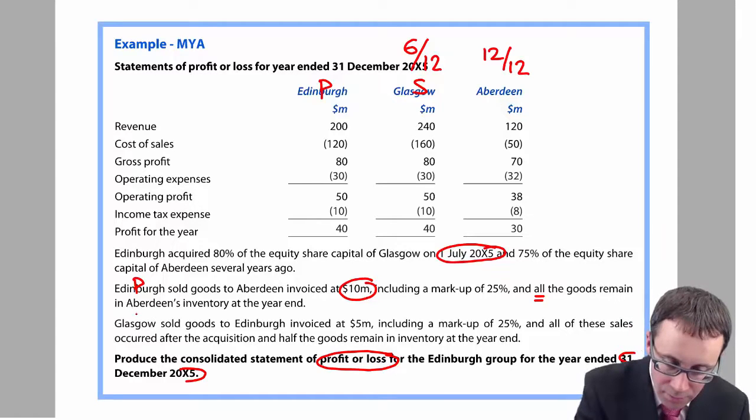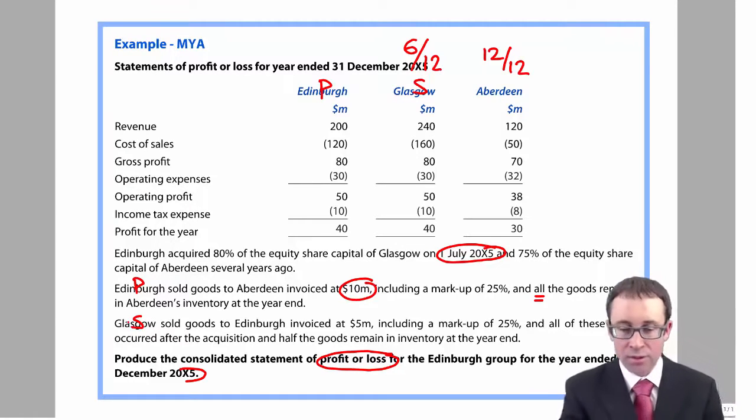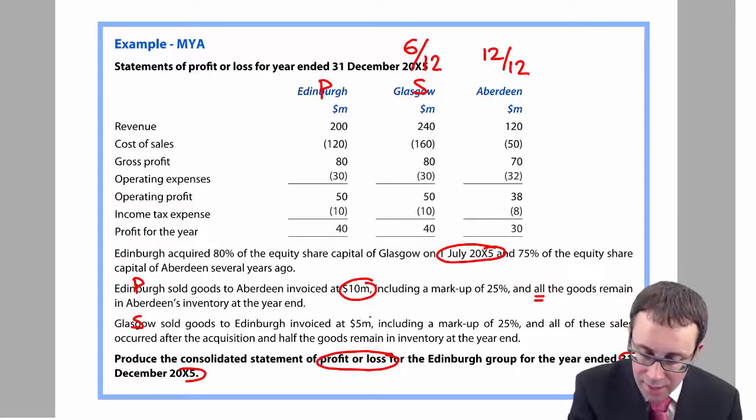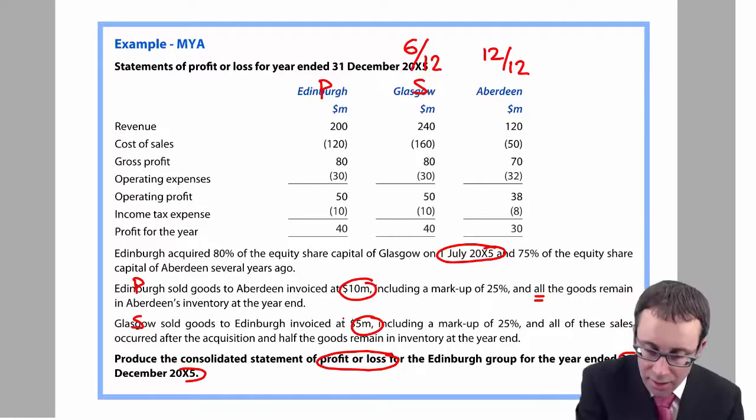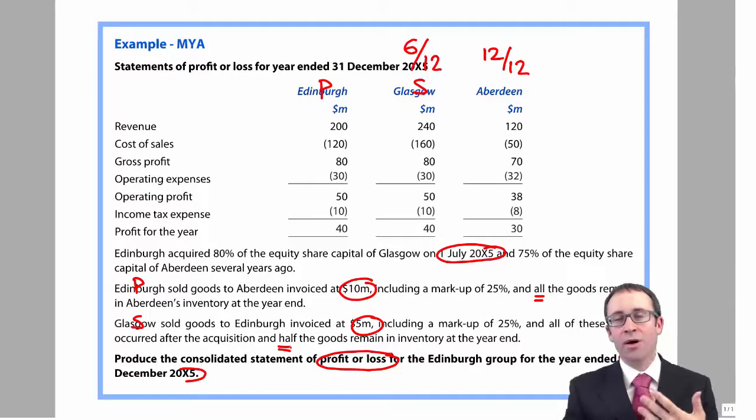We're told Glasgow, the subsidiary, sold goods to Edinburgh. Again, you've got some intra-company sales of 5 million, same 25% markup. All of the sales occurred after the acquisition, so we remove all of the 5 million as intra-company sales. And again, the key bit is that half the goods remain in inventory. So whatever profit you work out on the sale, you adjust for half of them.